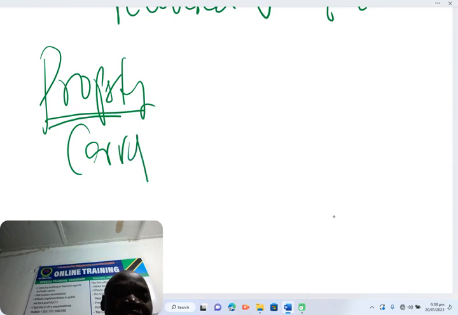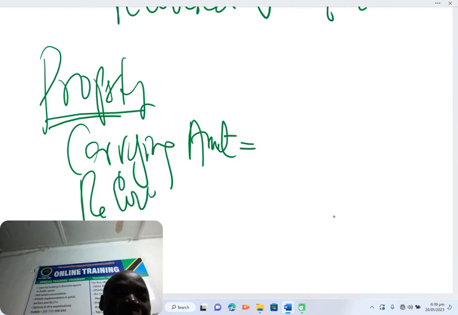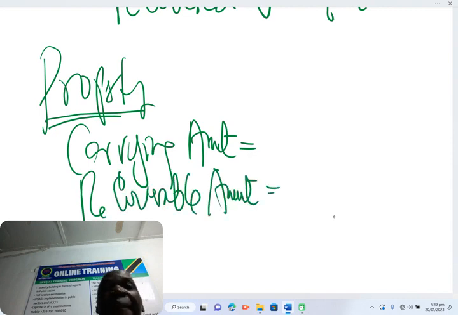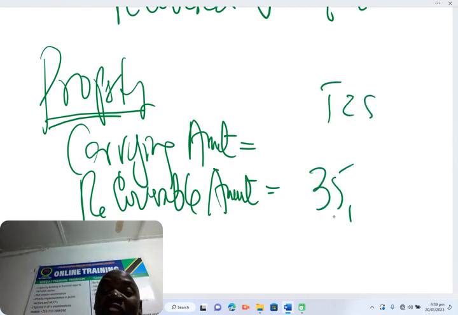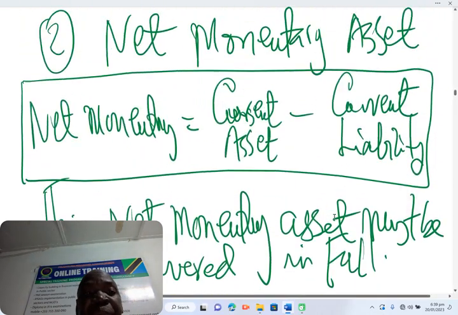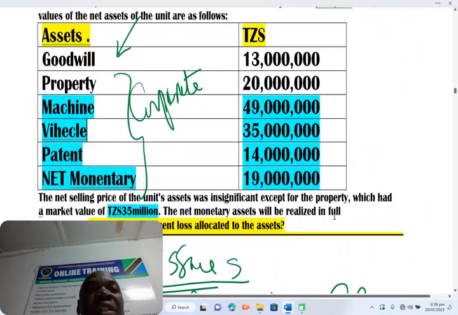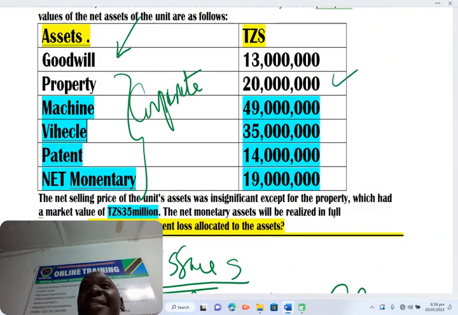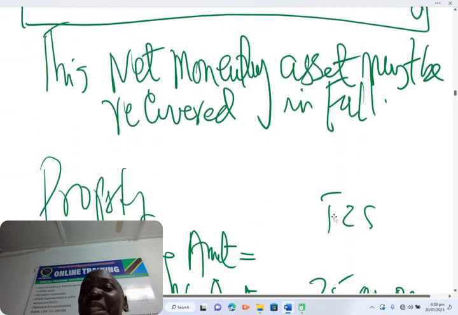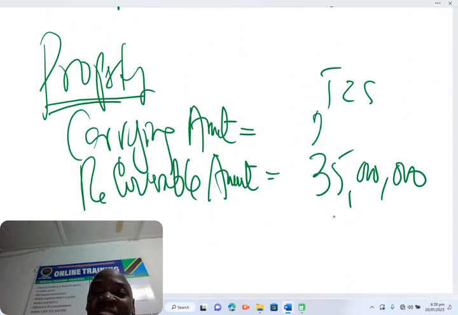What is the carrying amount of property, and what is the recoverable amount? In TZS, this is 35 million. And what was the carrying amount of property? 20, isn't it? So this information is very technical.